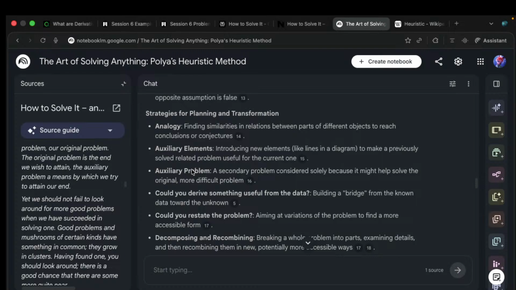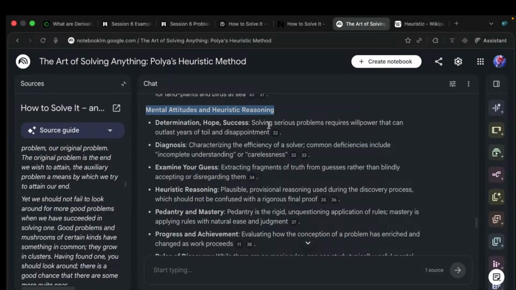Yeah, execution and verification. Okay, mental attitudes and heuristic reasoning. Yeah, it is really important. I think these two things are really important in anything you do.